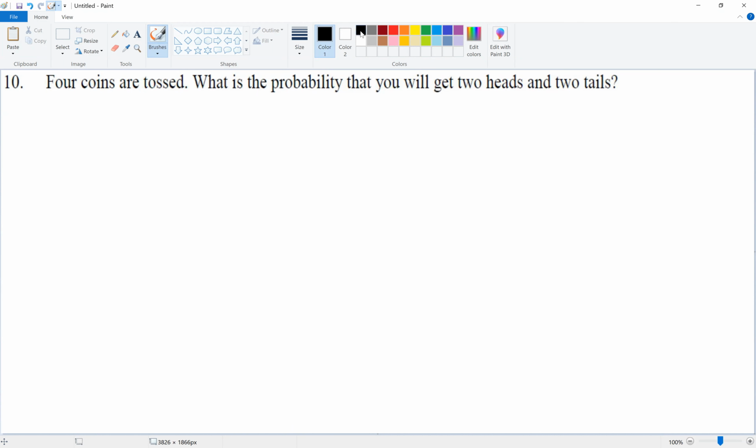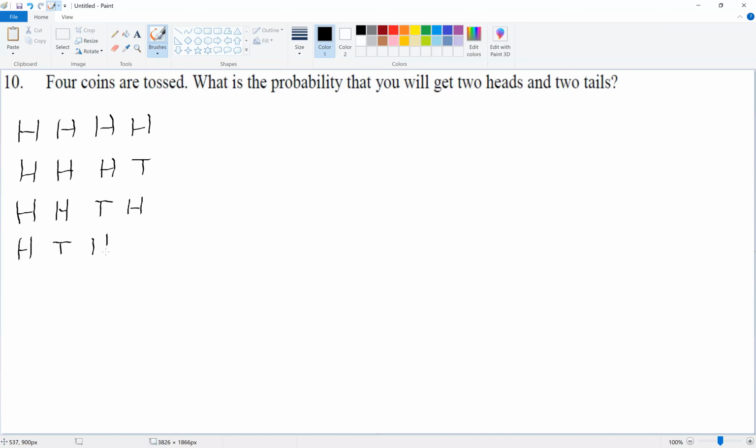First of all, what is the first option? It could be all heads. It could be 3 heads, 1 tail, and that 1 tail could be in this place, this place, this place. Everybody with me so far?